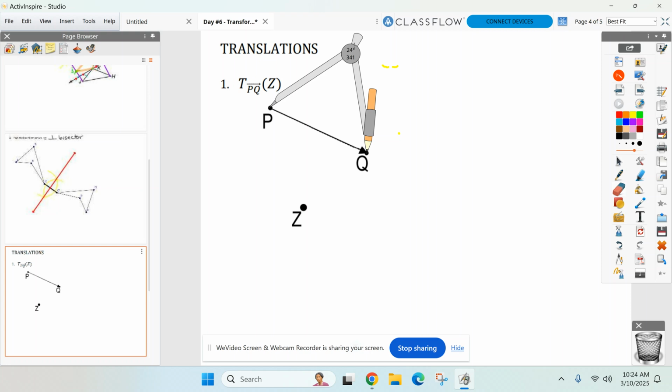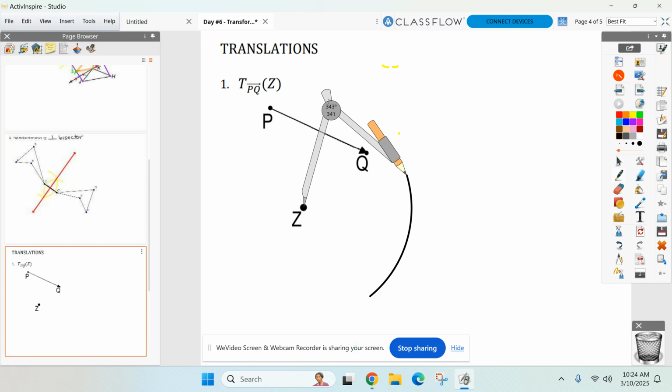Go to point Z. Put your compass on the end point of Z. Coming from Z, we're going to make our own arc there.